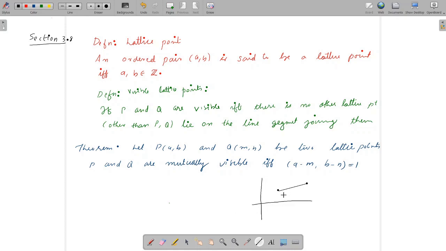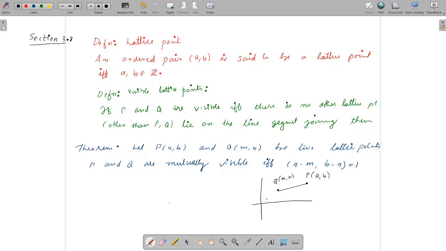This is our P and this is our Q, with coordinates (m, n) and (a, b). So P and Q are said to be mutually visible. That means there are no lattice points in between these two.